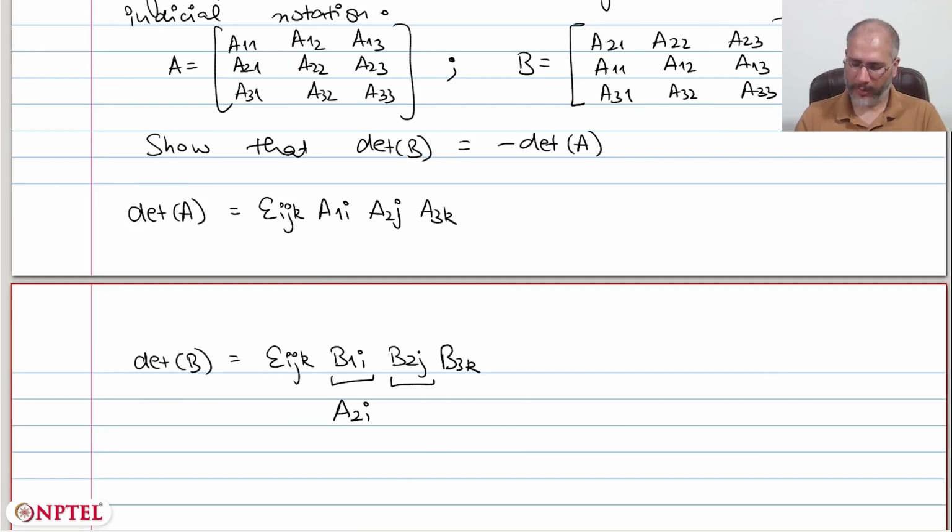Similarly, the second row of B is the first row of A. And there's no change in the third row of B because that's the same as the third row of A. So this becomes epsilon ijk A2i A1j A3k.